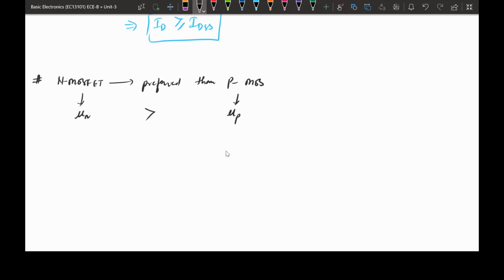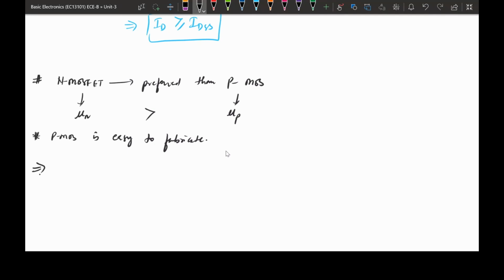But from the fabrication point of view, PMOS is considered easy to fabricate compared to NMOSFET. Overall, though, the NMOSFET has better performance in less area.